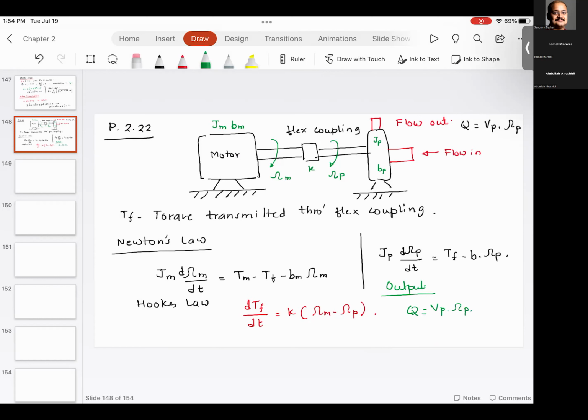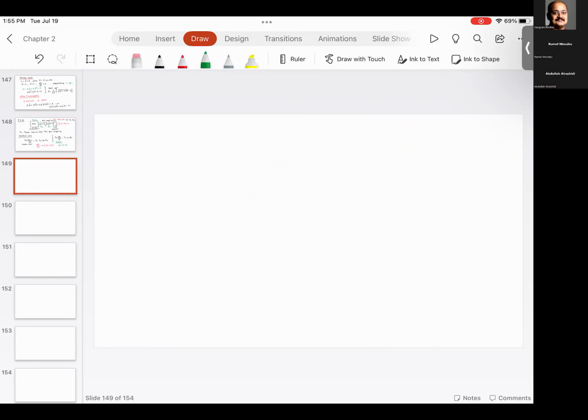So now we have these three equations, and we need to write these in a state space form. Writing these equations in state space form, I would first choose the states x, input and output.